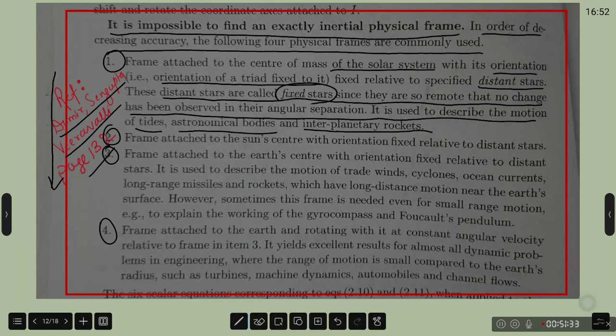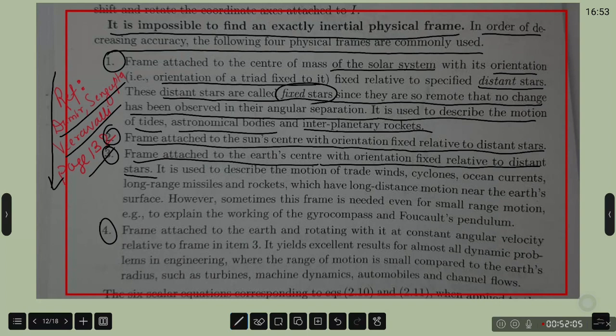That's number one choice. Number two: frame attached to the sun center with orientation fixed relative to distant stars. Whereas the first frame was attached to the center of mass of the solar system itself, that is more accurate than the second one. Third: frame attached to the earth center with orientation fixed relative to distant stars.